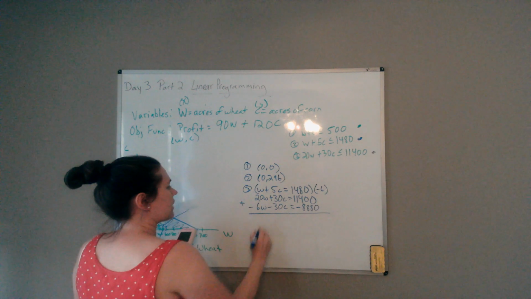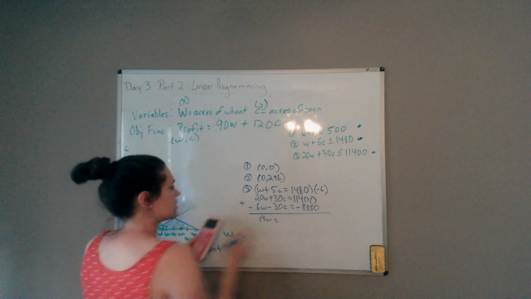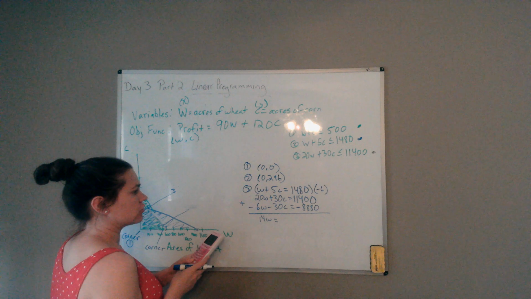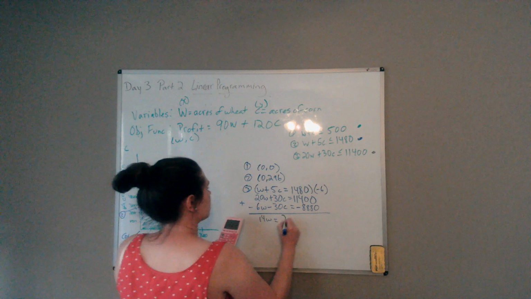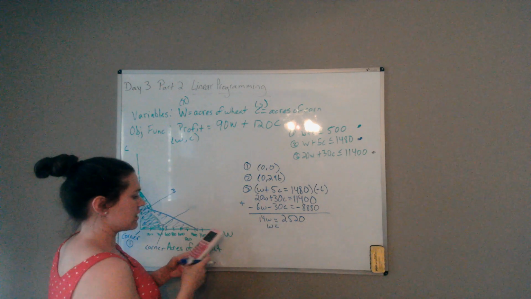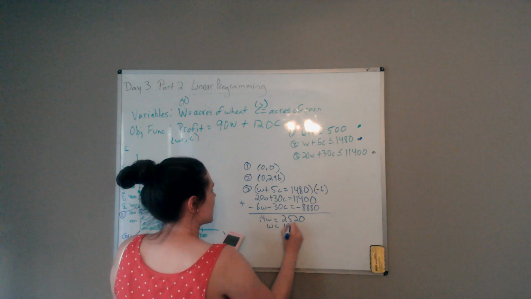Now we add these together. We get 14W equals 11,400 minus 8,880, which puts us at 2,520. Divide that by 14, and we get 180.